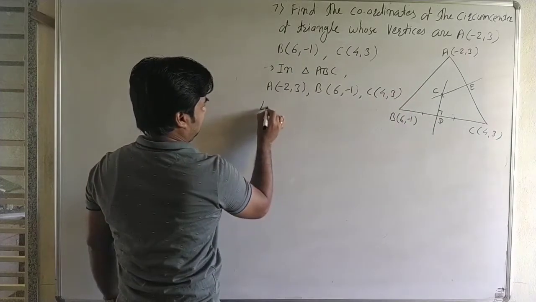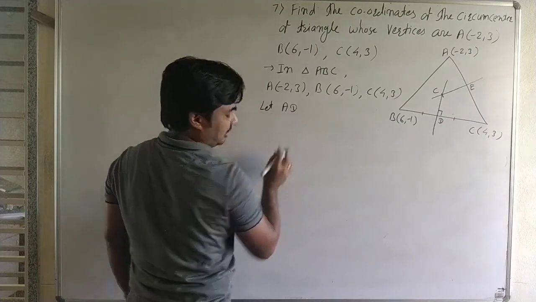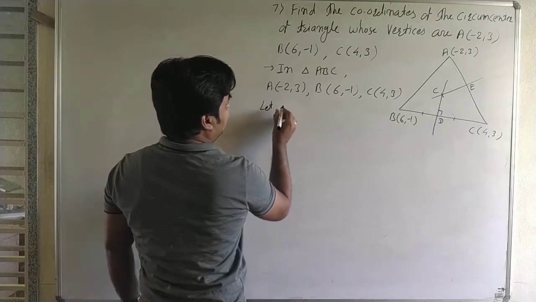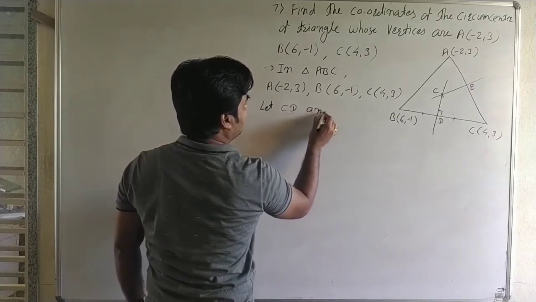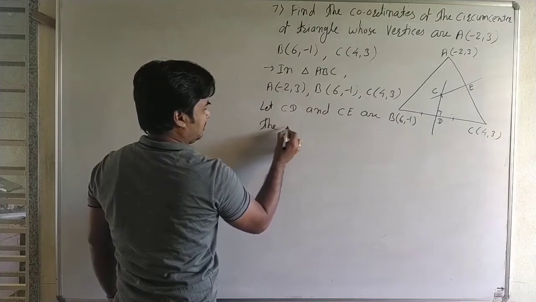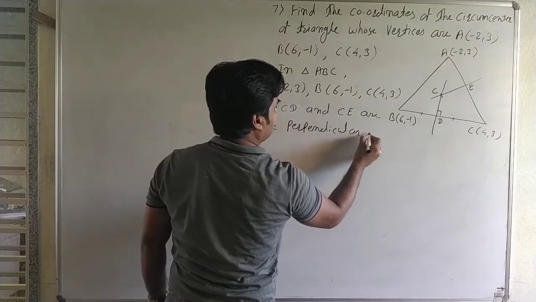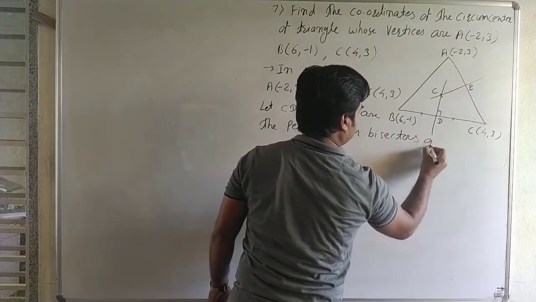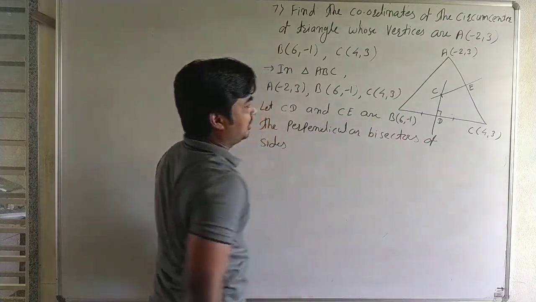Let CD and CE be the perpendicular bisectors of the sides.